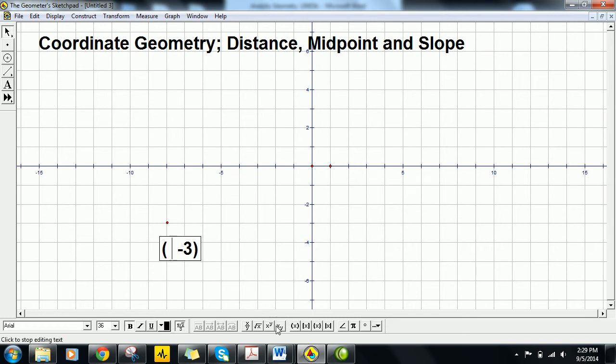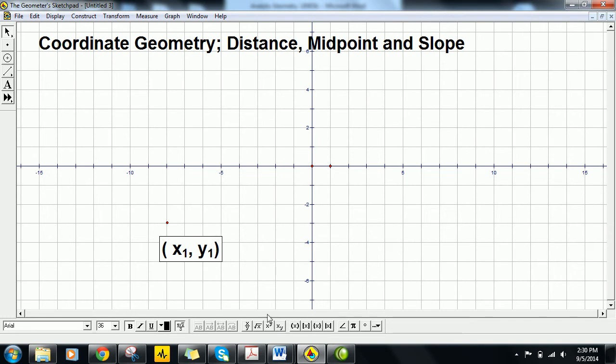So I'm going to call that x1, that point, and then the y value, I'm going to call y1, right? Which means the x and the y values go together. The x1 and the y1 create an ordered pair.